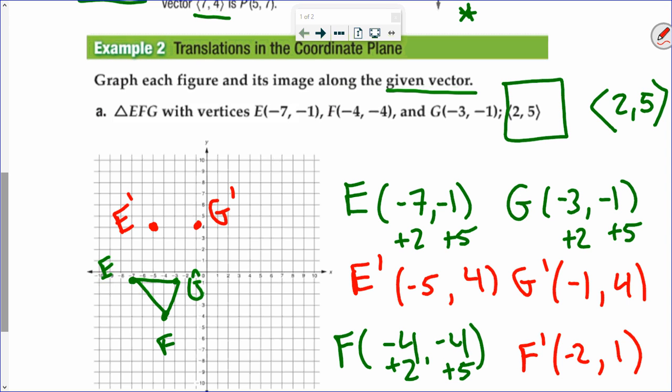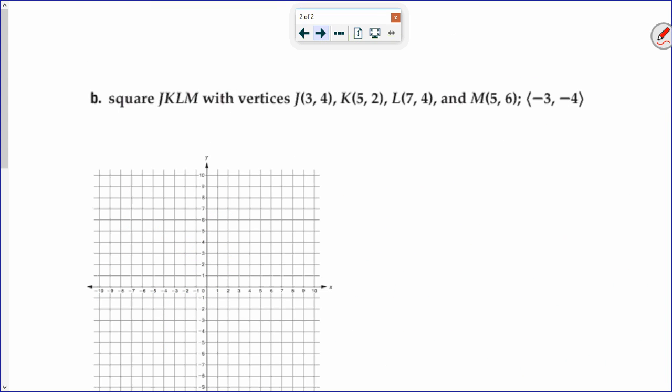So F prime is at (-2, 1). It's our triangle E prime, F prime, G prime. Pretty straightforward. All you've got to do is add the first value of the vector to the x coordinate and the second value to the y coordinate. If you're able to do that, you can move these points along pretty nicely.